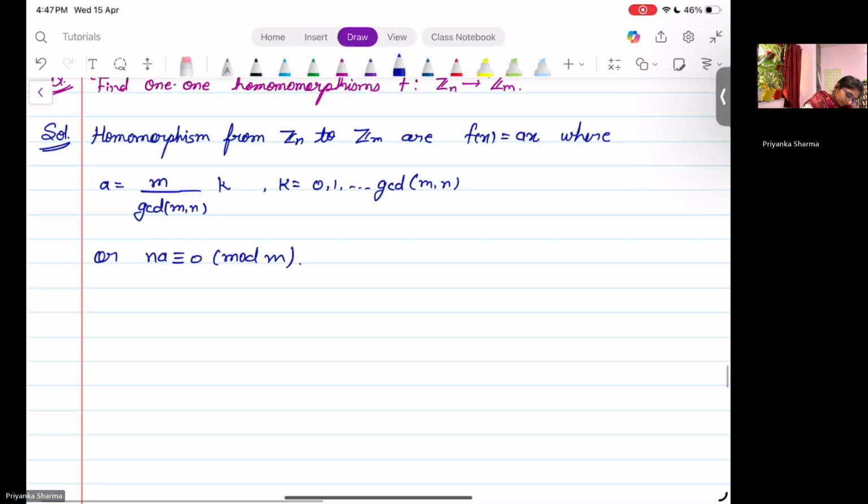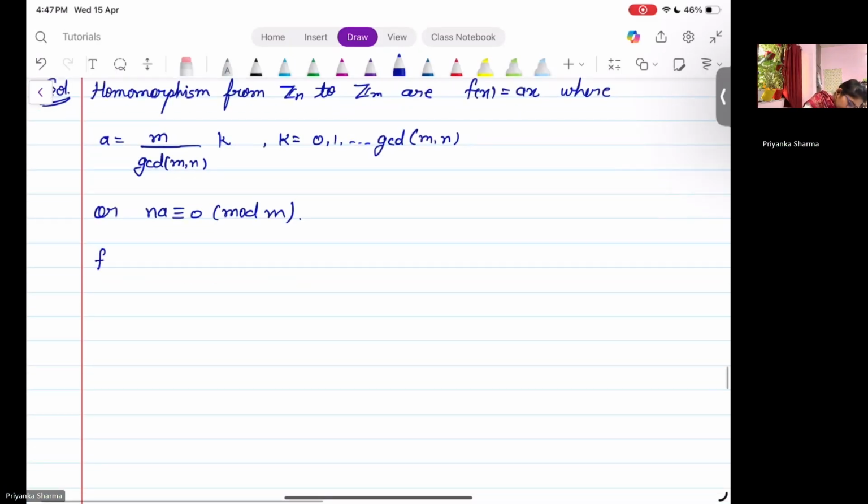Now, F is 1-1, that is a homomorphism is 1-1, if and only if kernel of F is the identity. What is the identity here? That is 0.